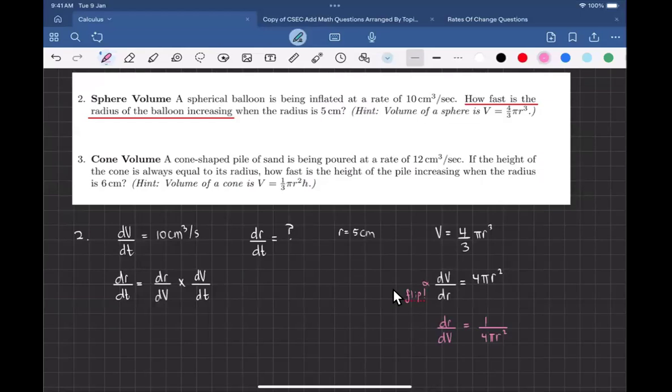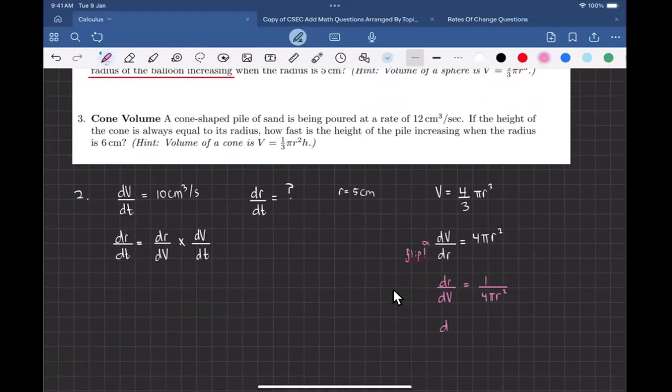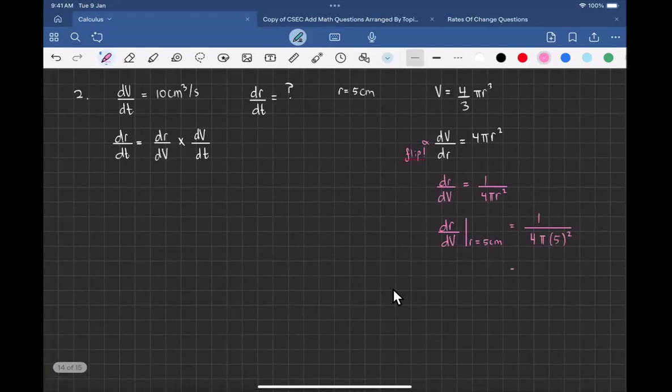They told us the radius was 5, so we need to plug that in. What would we end up with? 100 pi. 1 over 100 pi, that's correct. And the units: you have radius over volume, so that is centimeter over centimeter cubed.